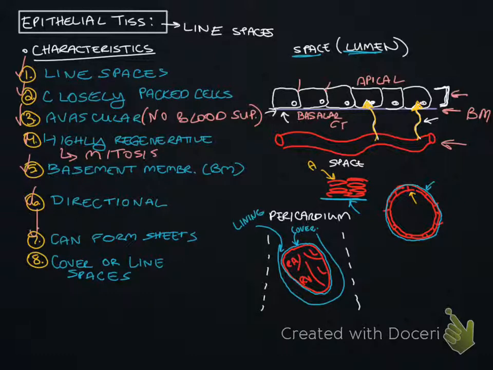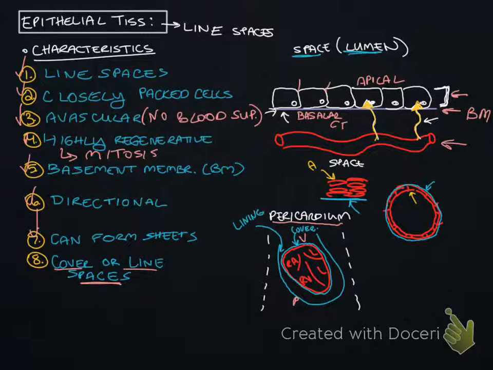Finally, all epithelial tissue covers and lines spaces, and I have just some examples here. The pericardium is a serous membrane, and it is a double layer where the parietal layer lines the mediastinum, and the visceral layer lines the heart itself.